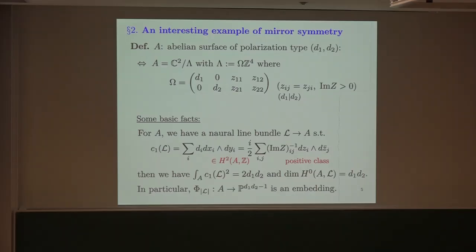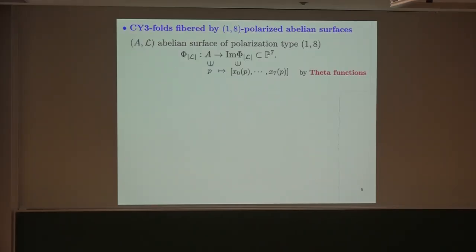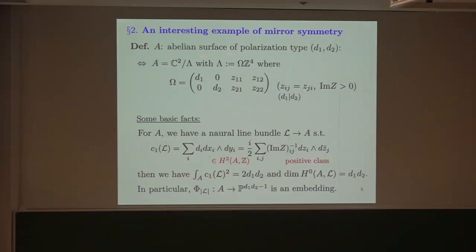So you can already guess that these global sections are given by theta functions associated with this data. In the case of elliptic curves, this is just 1 comma tau, and we have theta functions.